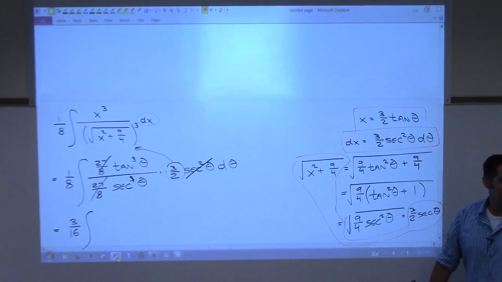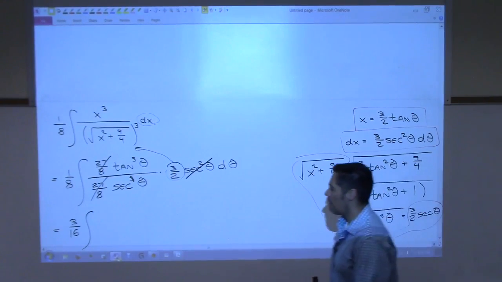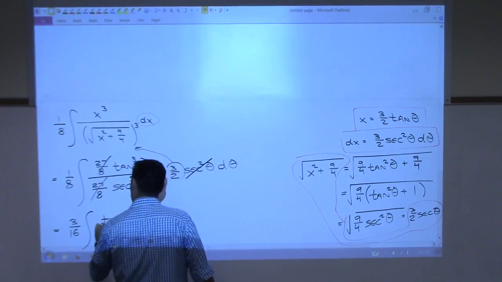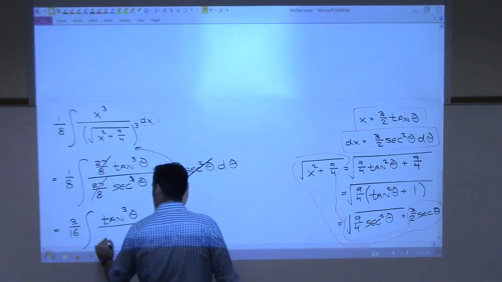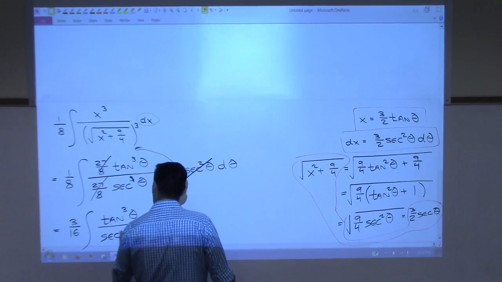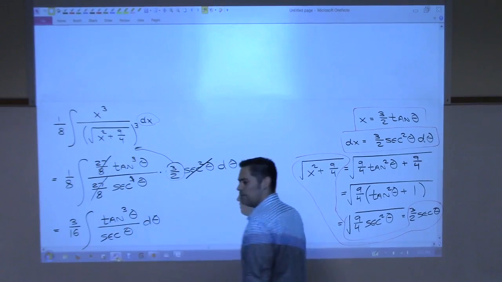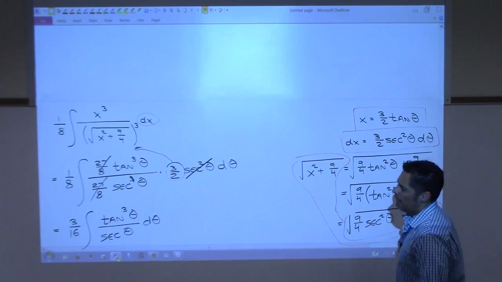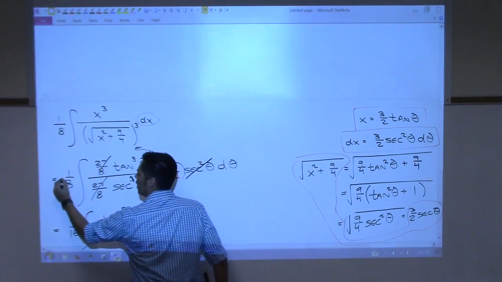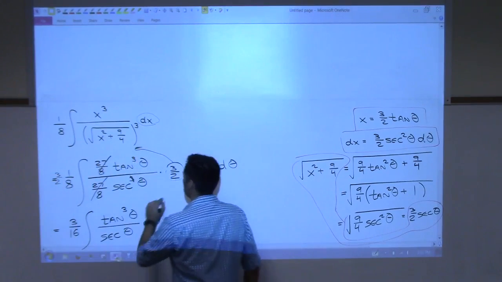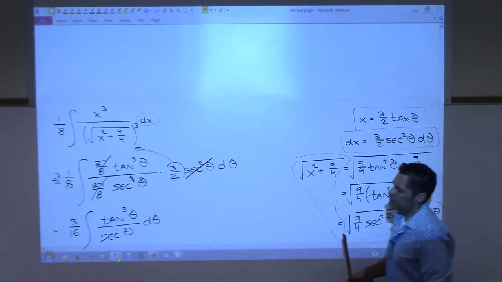And I still have the tangent cubed on top. So tan cubed theta over secant theta, just a single factor, d theta. Right, Jason? To get 3/16, did you just divide by? I took 3 halves out, so times 3 halves, right? And just straight across.